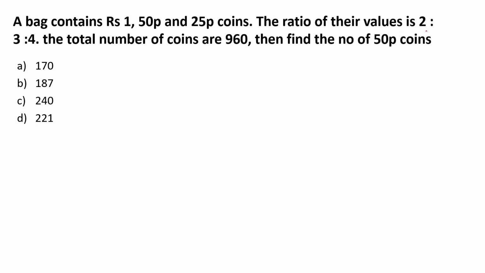The ratio indicates the values of the coins. Let us assume the value of 1 rupee coins is 2, the value of 50 paisa coins is 3, and the value of 25 paisa coins is 4, as given in the ratio itself.